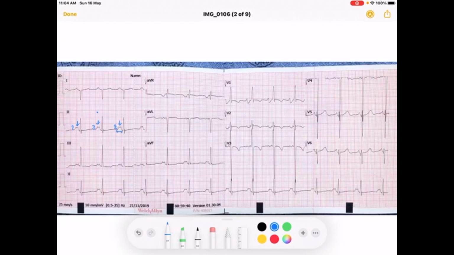Along with this, in V1, the downward wave is prominent. So this is again left atrial hypertrophy.